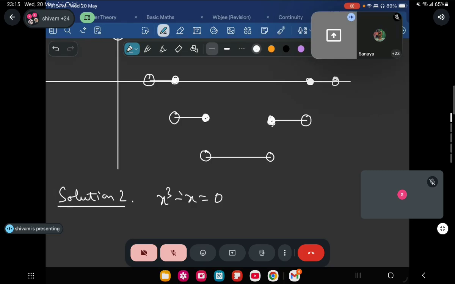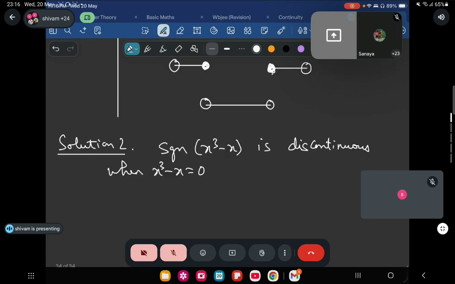Signum of x cube minus x is discontinuous when x cube minus x equals 0. So what are the values of x? If x cube minus x equals 0, x equals 0, plus minus 1. Done. Anyone having any doubt, you can ask me now.